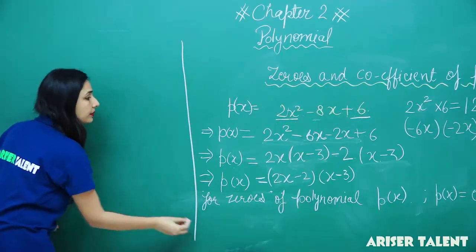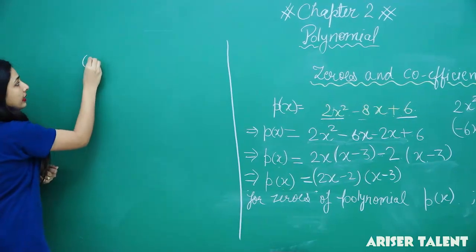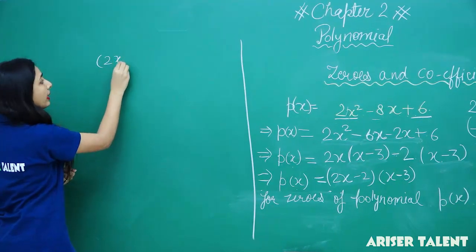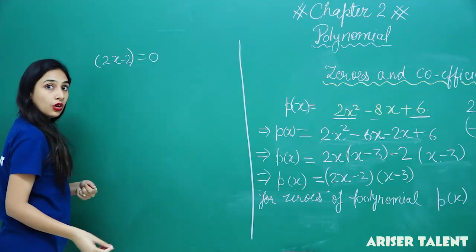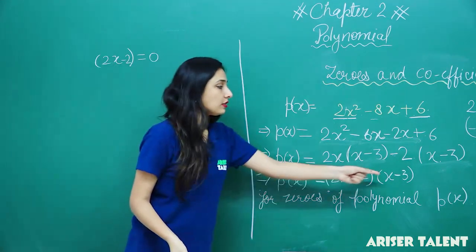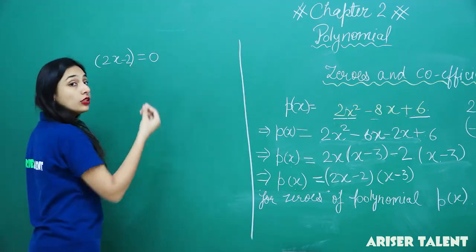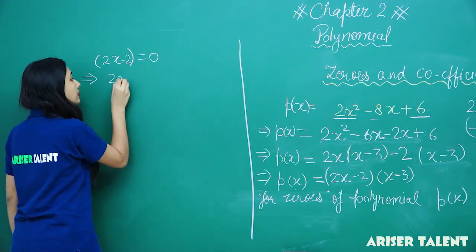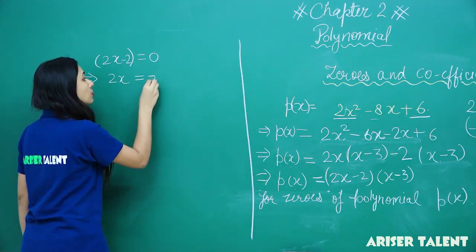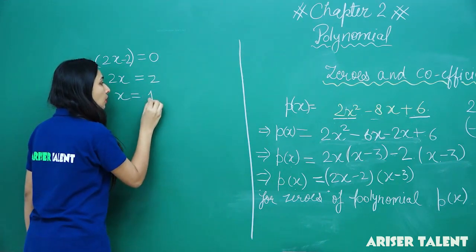Come here in this part. So, in this case 2x minus 2 can be 0, or x minus 3 can be 0. So, if 2x minus 2 is 0, then this implies what? 2x will be equal to 2, and this implies that x equals 1.